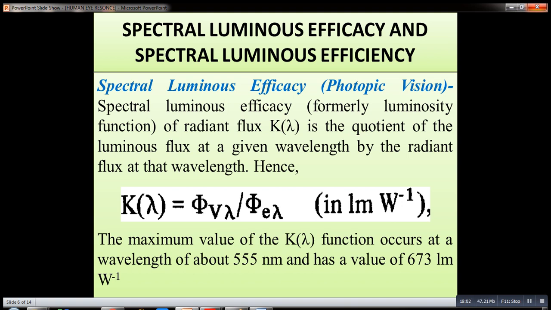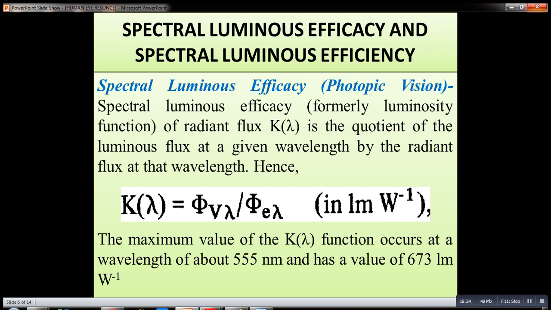In photometry, luminous flux or luminous power is the measure of the perceived power of light.